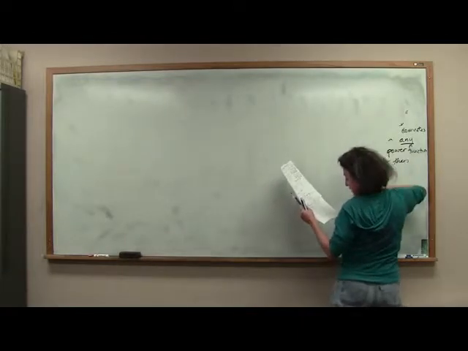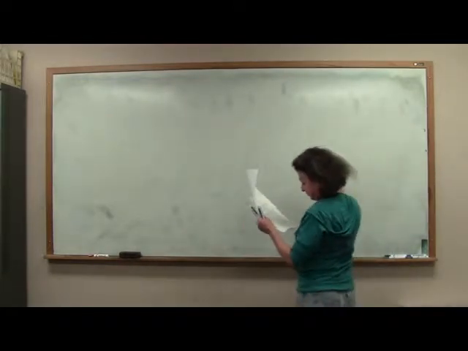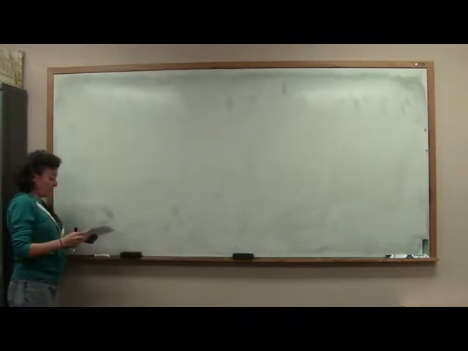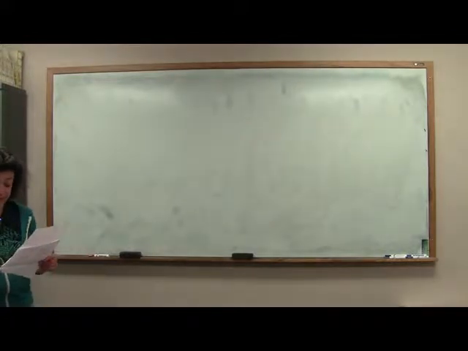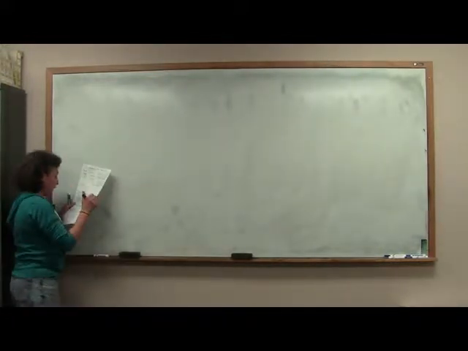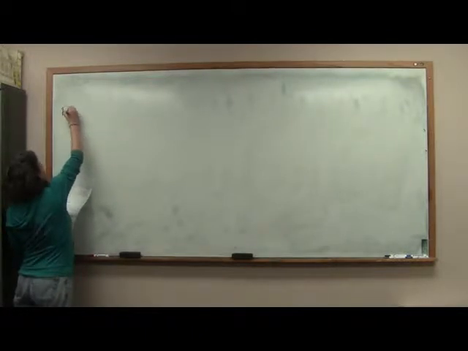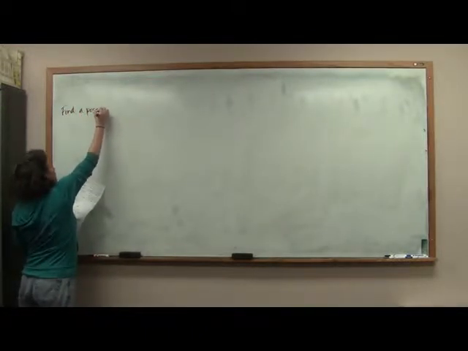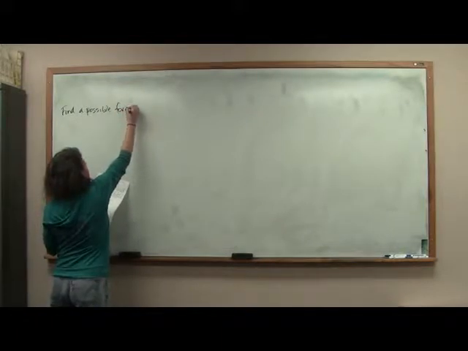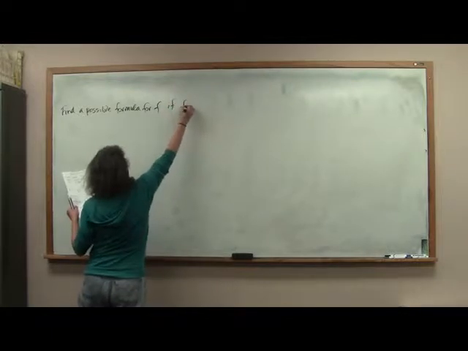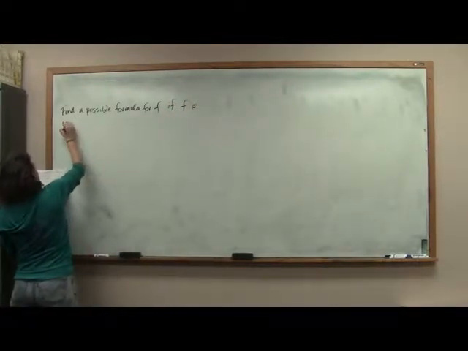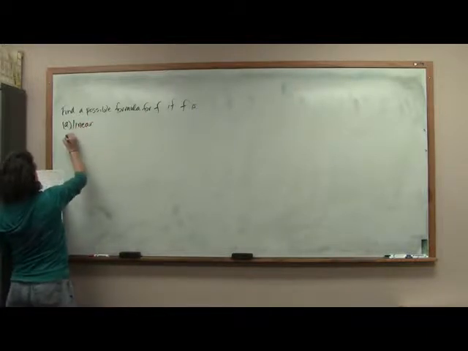Let's look at this example here. Again, you can look at a lot of this stuff in the book, that's very clear, but I'd like to work out some actual examples with you. What I want us to do is find a possible formula for f if f is, part A, a linear function.